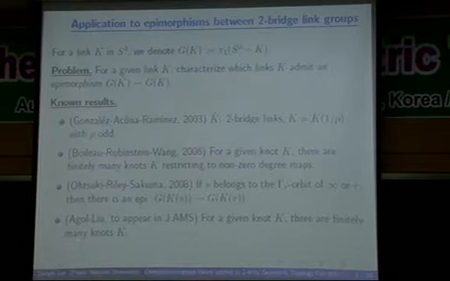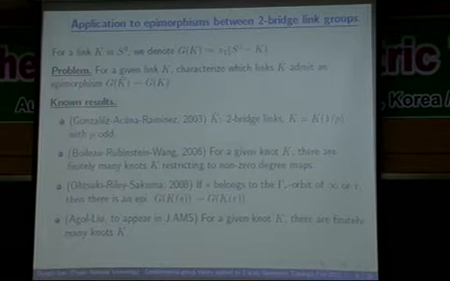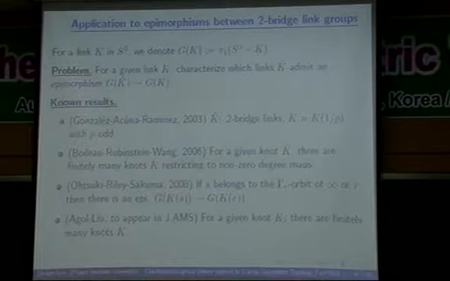And very recently, Abe and Liu proved the same statement without this extra assumption. So they completely solved Simon's conjecture in the affirmative. And also Ohtsuki, Riley, and Sakuma proved that if S belongs to this orbit, which I'm going to explain later, then there is an epimorphism from this two-bridge link group to this two-bridge link group.